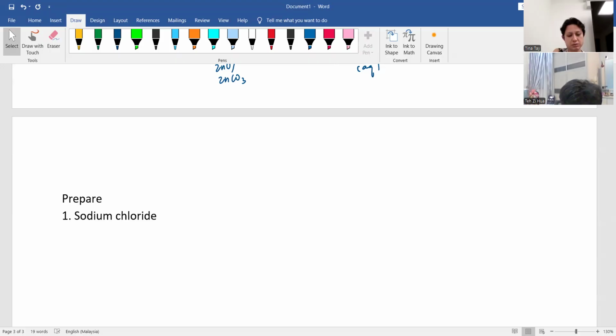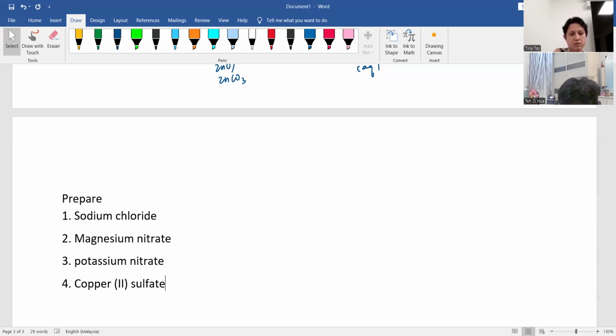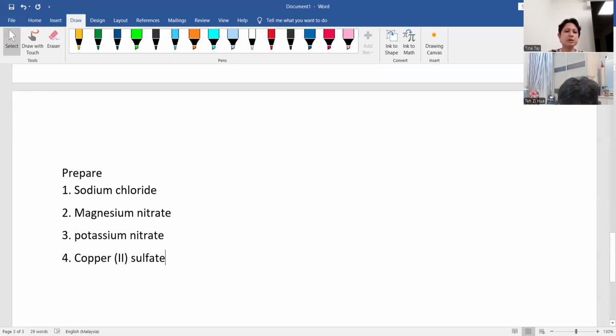Sodium chloride, magnesium nitrate, that's all. Write down whether you use method 1, method 2 or method 3, and then write down the equation.